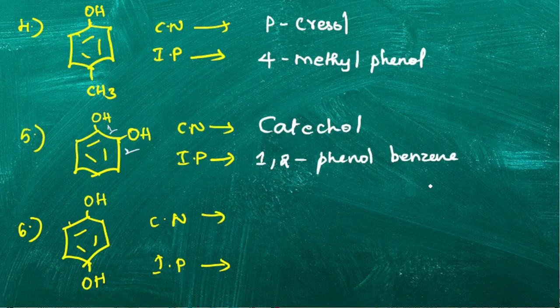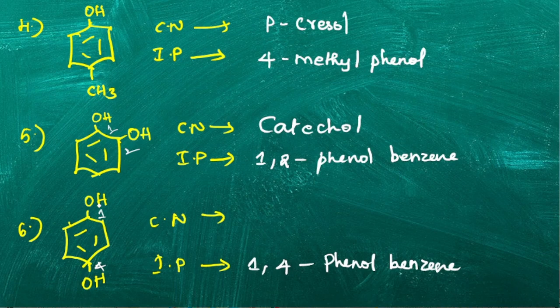Now moving on to the next. The IUPAC name will be the same but the position differs. This is the first position, this is the fourth position. So 1,4-dihydroxybenzene is the IUPAC name. But what name can you give as a common name? See, at the top and bottom two groups are attached, right?